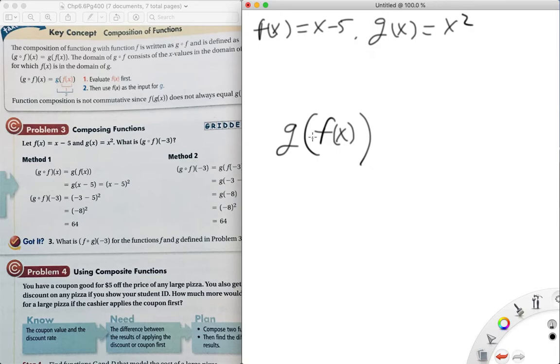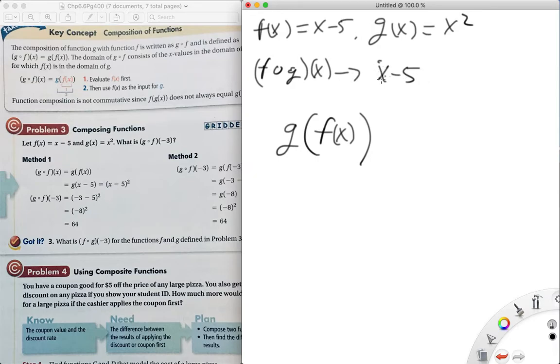Okay. The composite of f and g of x is like this. You're going to do f of x first. You're going to evaluate it, whatever that is. So f of x is x minus 5. We're going to do that first. Alright, that's f of x.